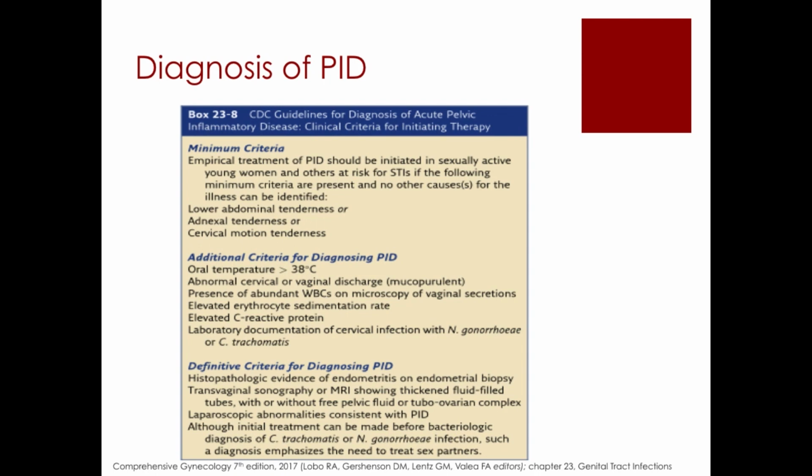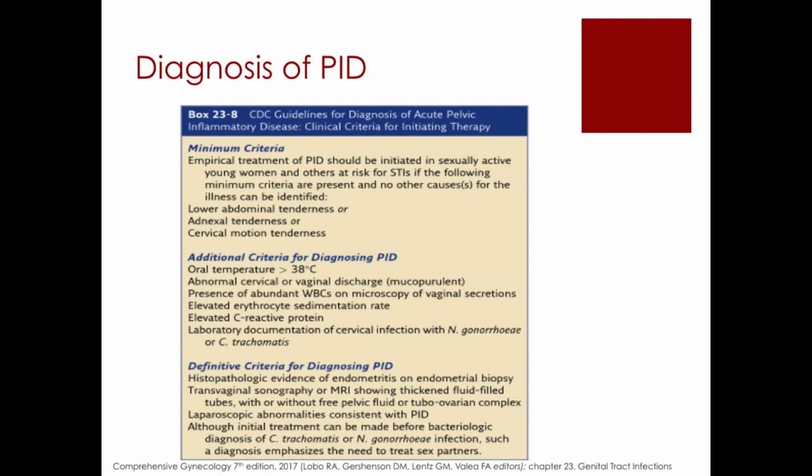We have the additional criteria, which are the following: oral temperature of greater than 38 degrees centigrade, abnormal cervical or vaginal discharge or mucopurulent vaginal discharge, presence of abundant WBCs on microscopy of vaginal secretions, elevated erythrocyte sedimentation rate or ESR, elevated C-reactive protein or CRP, and laboratory documentation of cervical infection with Neisseria gonorrhoeae or Chlamydia trachomatis.